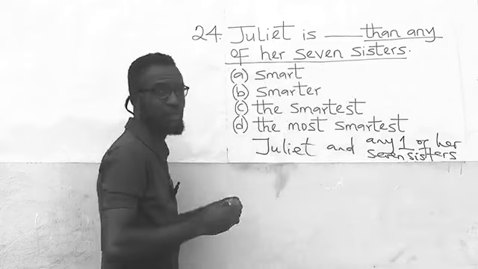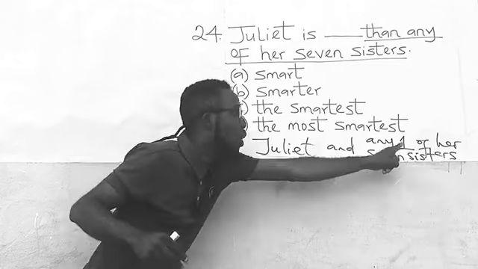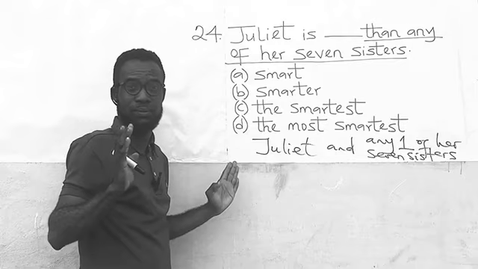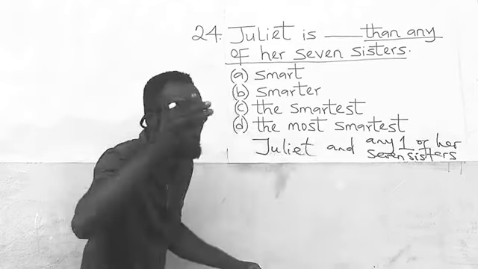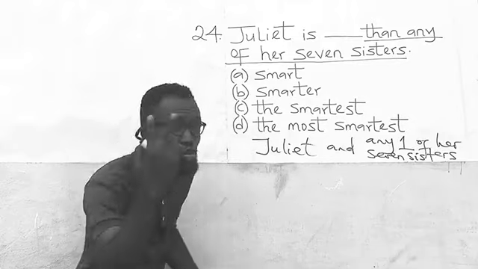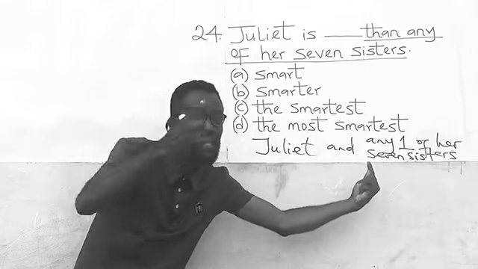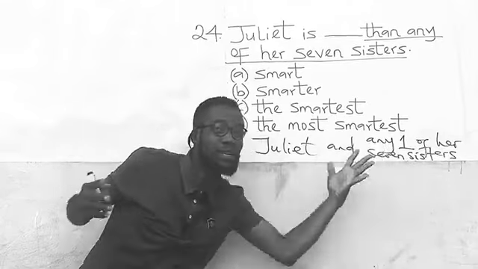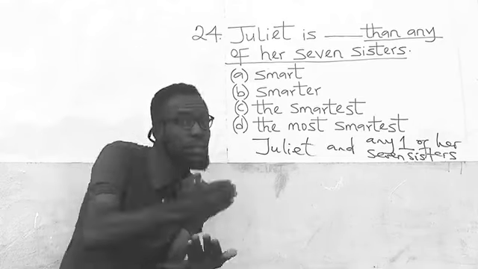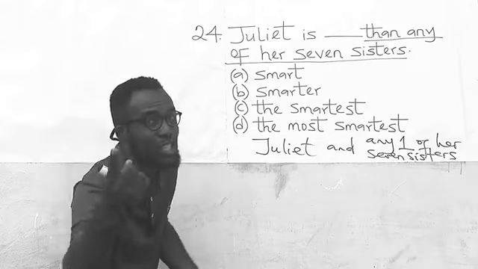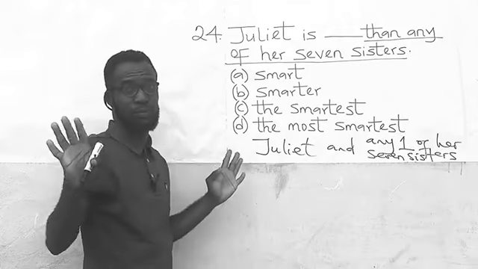So, Juliet is compared with any one of our 7 sisters. So, 2 persons are compared here. And we have said that if the number of persons or things compared in the question is exactly 2, then choose a comparative adjective.